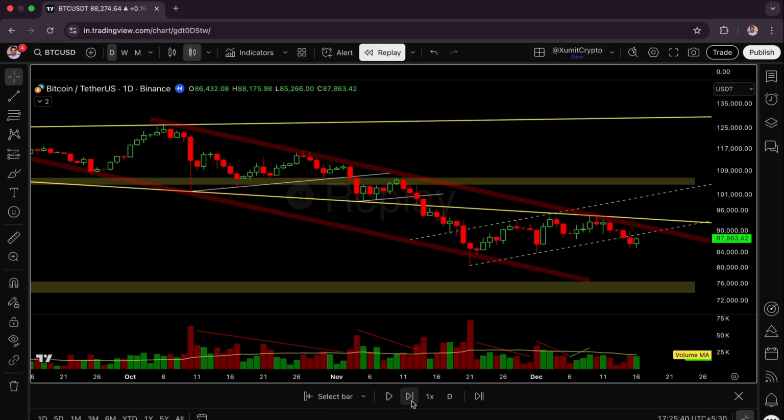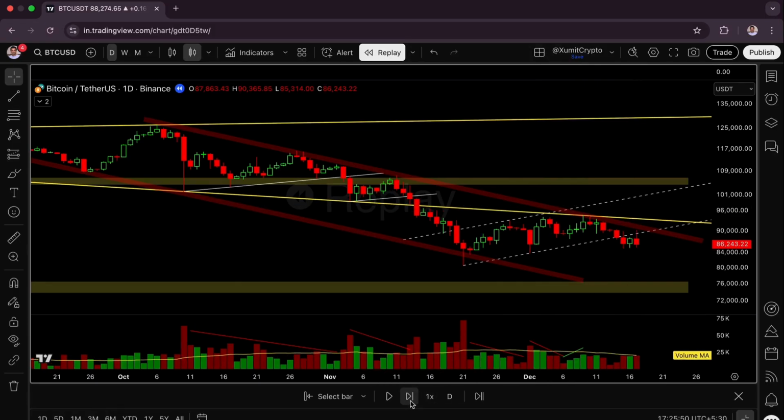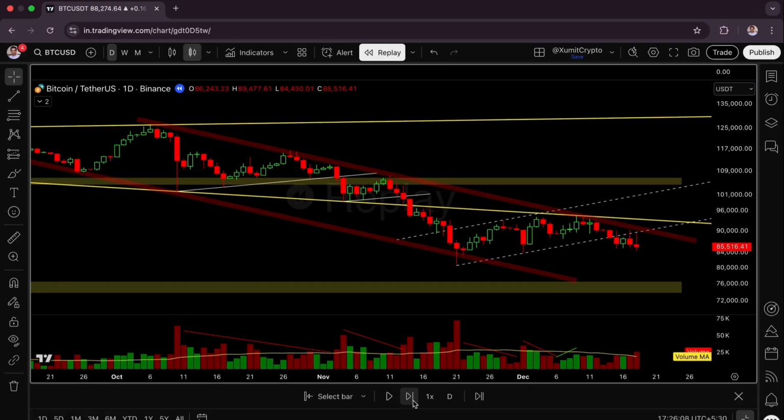And again, there was resistance, and they wanted to enter the channel, this flag pattern again, and the resistance was there. This was a very interesting attempt for Bitcoin to go back again, and it was a long wick up there, but the market couldn't manage to break out and came back down the channel here.